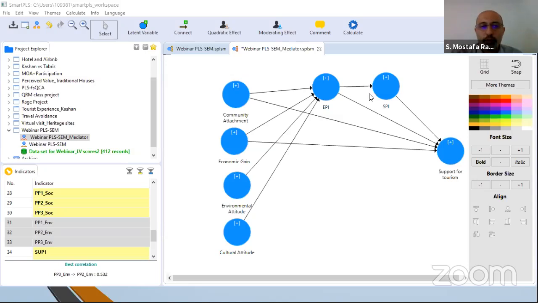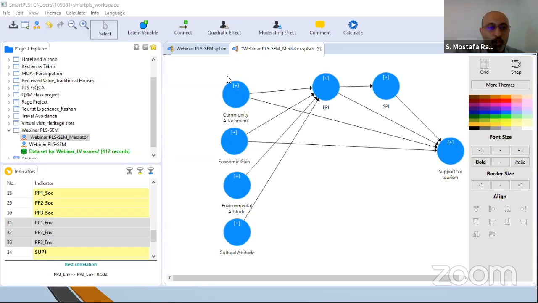Exactly the same as first order. Because assessment of mediator is at the structural level, and assessment of the higher order construct is at the measurement level. So if we go to assessment at the structural level, you have to establish your second order using, for example, the two-stage approach.